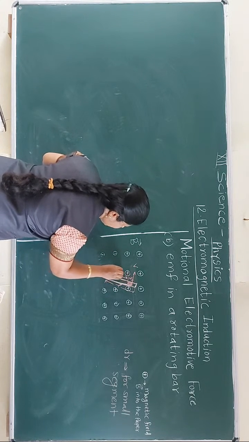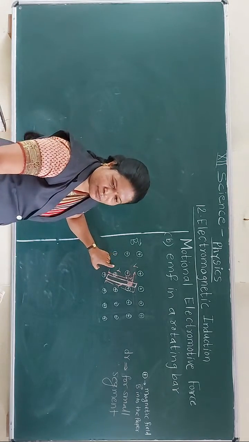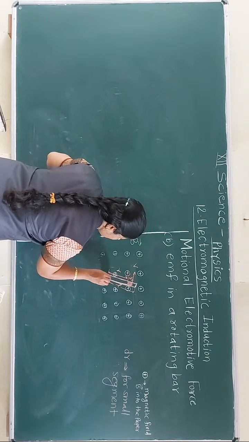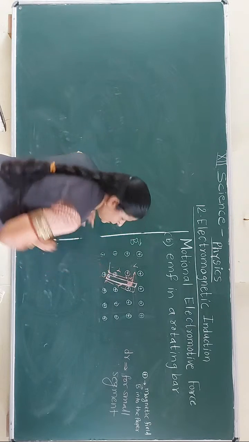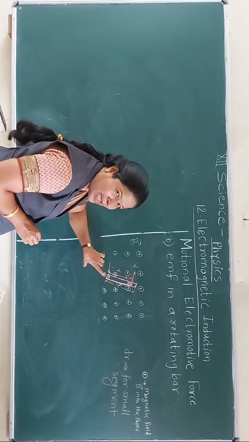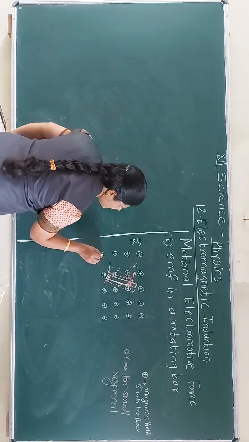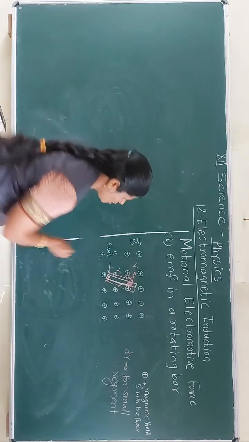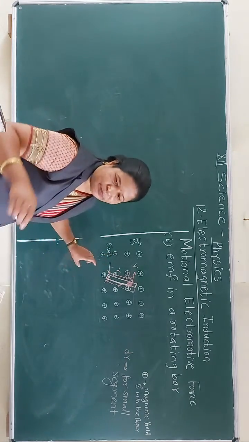And this bar has a balancing point. This rotating bar's balancing point, we call it a pivot.